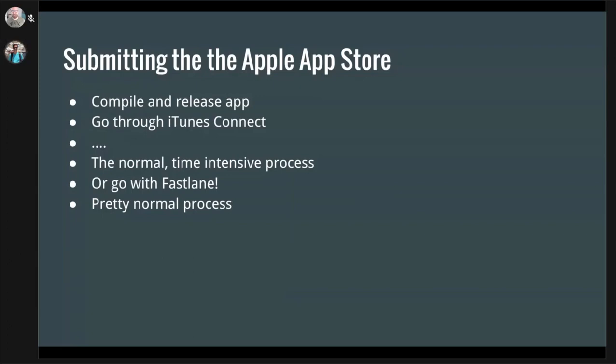And then also, and this is a tool that we use a lot, or we're starting to use a lot, that's called Fastlane. If you're not familiar, basically it'll take all of the steps that you have to go through to get an app into the App Store and put them into one command. So I can just say Fastlane beta, wait 10 minutes or whatever it is to compile the app, release the app, and upload it to iTunes.